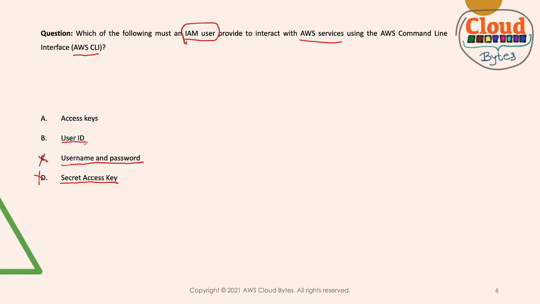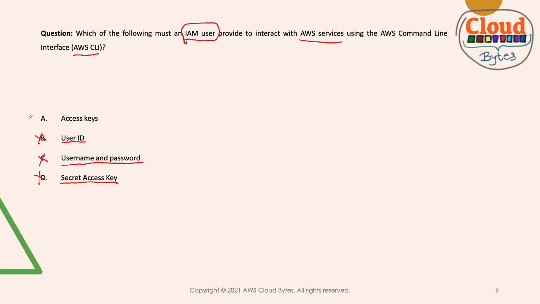What exactly is a user ID? Basically, user ID is an alphanumeric identifier. It's a big identifier, which is an obfuscated form of AWS account ID. We don't use it as such. It is not used to do any kind of programmatic access. So this option is again invalid.